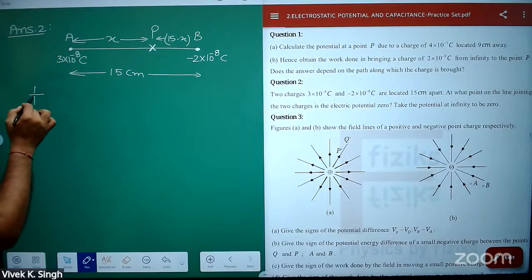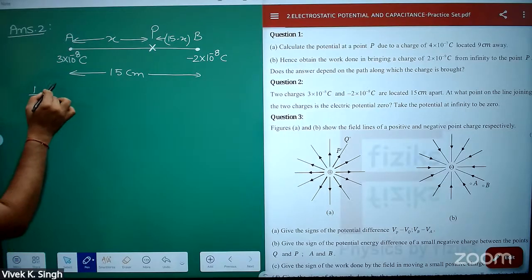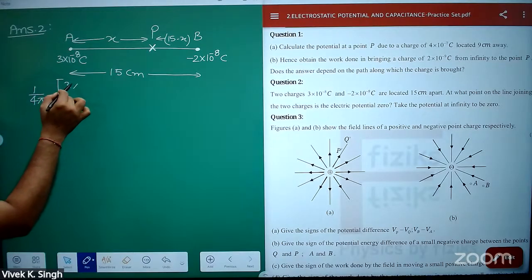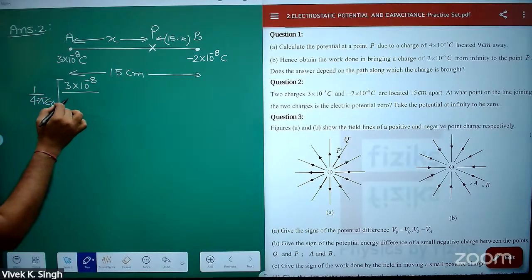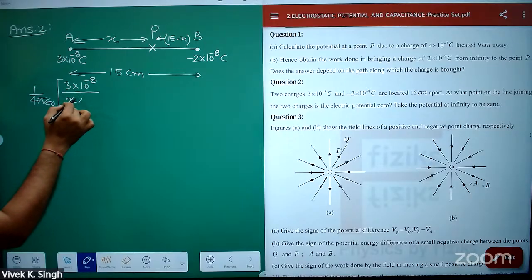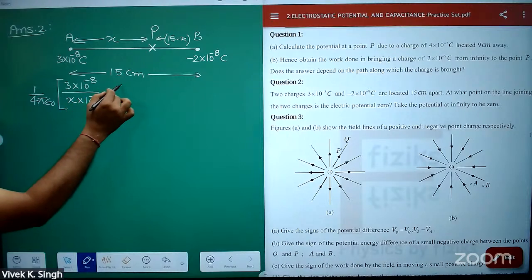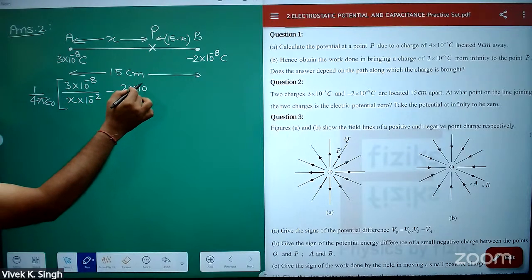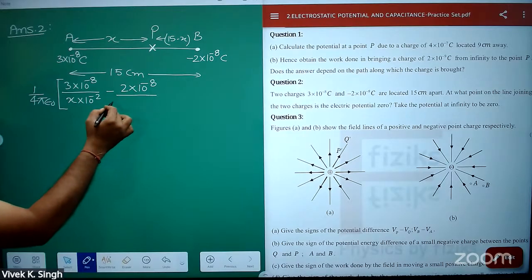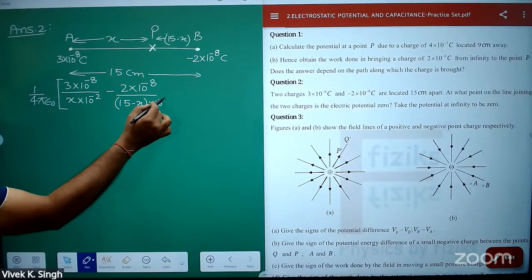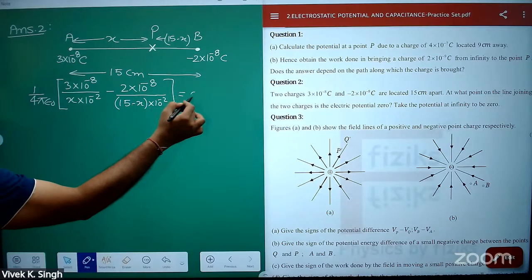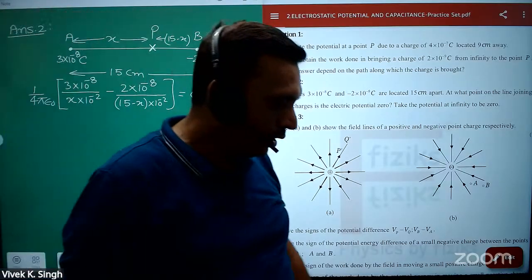So you can write here 1 by 4 pi epsilon naught, 3 into 10 to power minus 8 by X centimeter I am taking. So let's take it as X into 10 to power minus 2 meters, minus 2 because charge is negative, and this will be 15 minus X into 10 to power minus 2. So this will be 0. Now you have to find value of X.